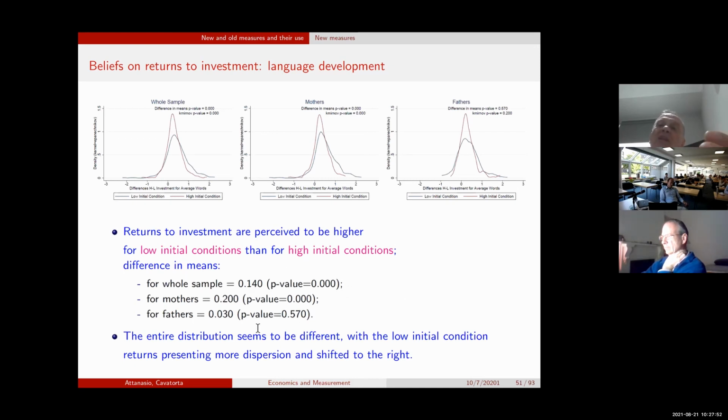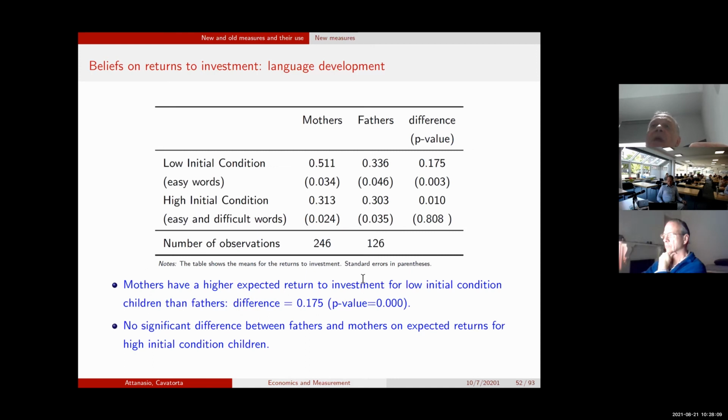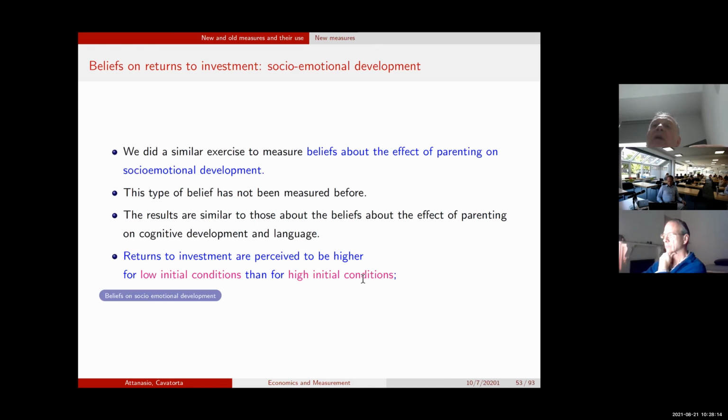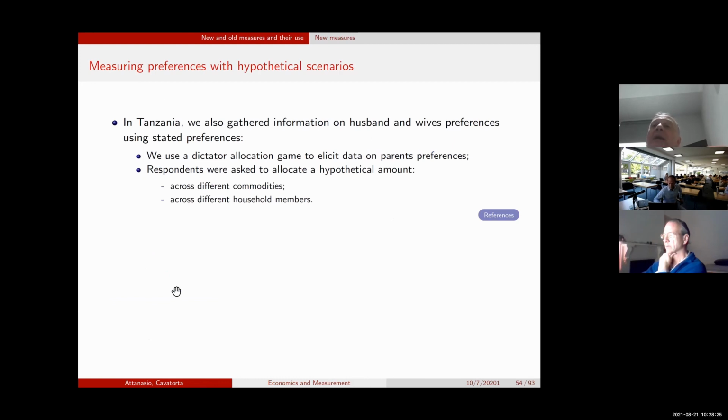And you can see, for fathers it's not much, but for mothers, they think that the investment is more productive for low initial conditions. So these are the numbers that refer to that. And then we have a similar thing for social-emotional development. Now, I'm running out of time, so let me skip that.